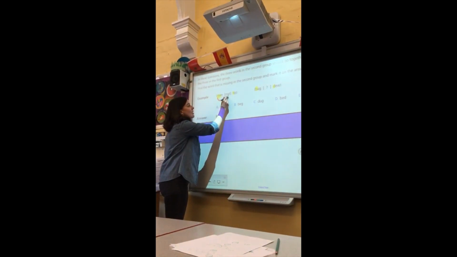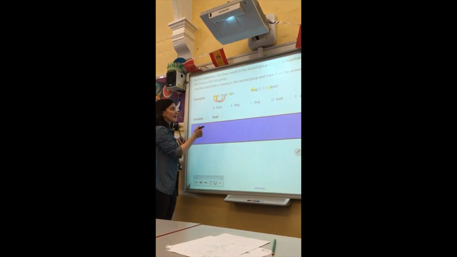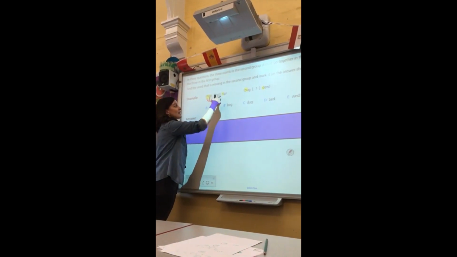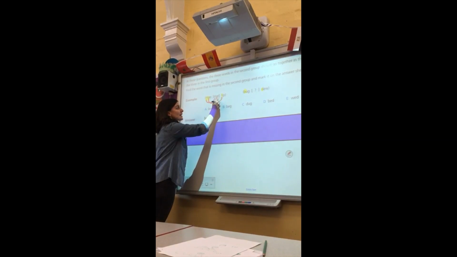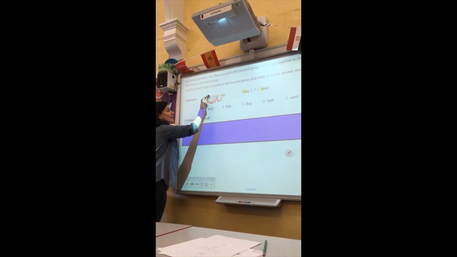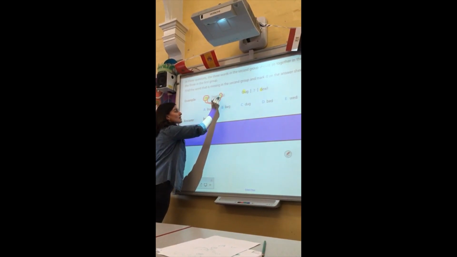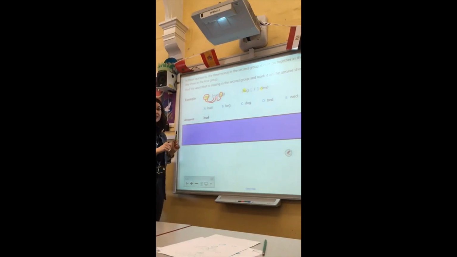This A matches up with the only A that's there. And then the T comes from this first letter here. So I've looked at the first two letters of man and the first letter of tip, and together that's created mat.